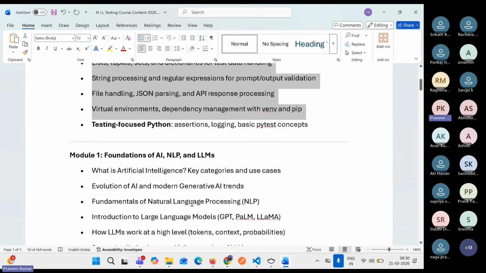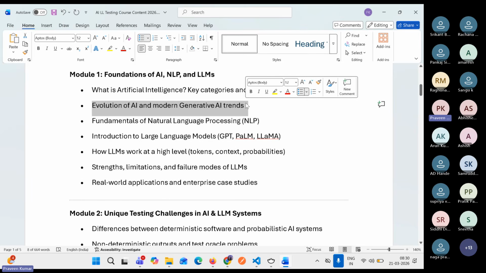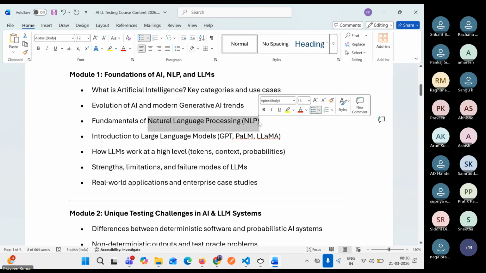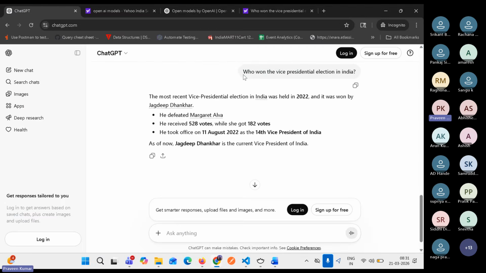After understanding this, we'll start understanding what we were going through in the last 30 minutes or so. What is artificial intelligence? Evolution, what are the different types of artificial intelligence available? What is NLP, natural language processing? Natural language processing is something you have understood right now. You asked your question in basic English, and it was able to understand, right?